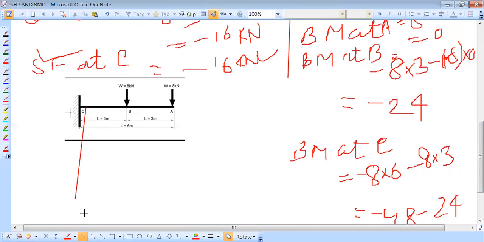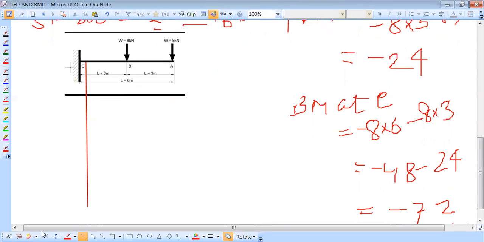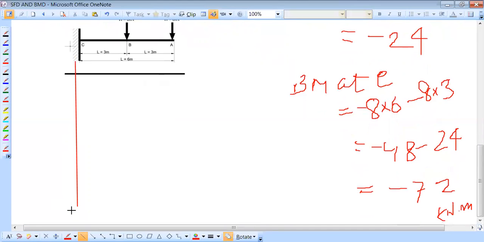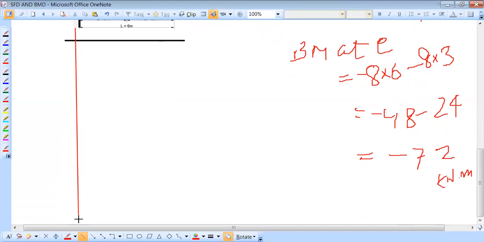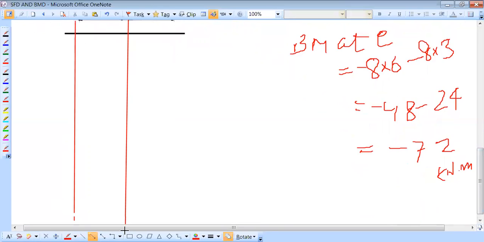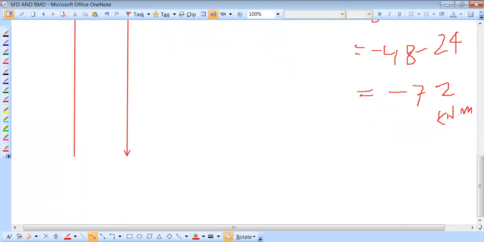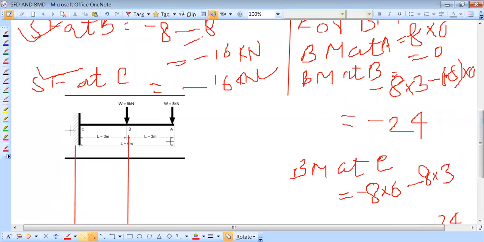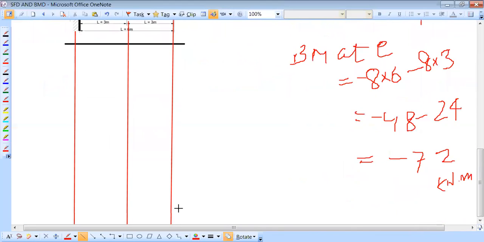Draw a perpendicular line from point C, again from point C, then from point B, and again a perpendicular line. It is a perpendicular line, not an arrow. Then again draw a perpendicular line from point A. Then you have to put in all these values.